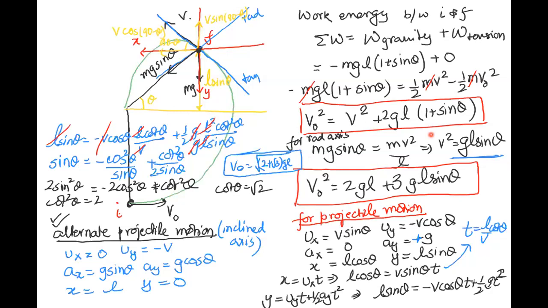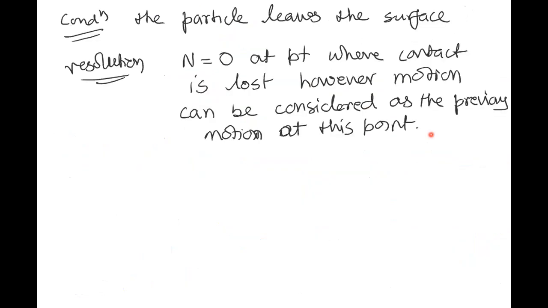So in the same way, at the point where normal reaction is 0, you can say that the motion is still circular अगर पहले circular हो रहा था.